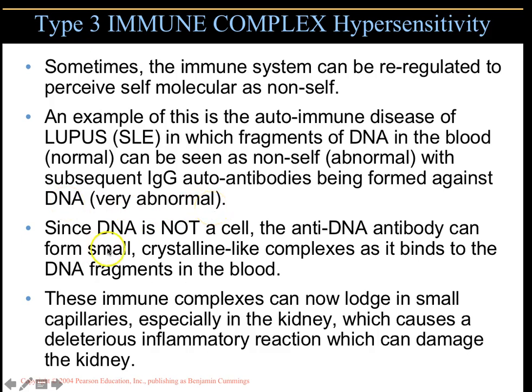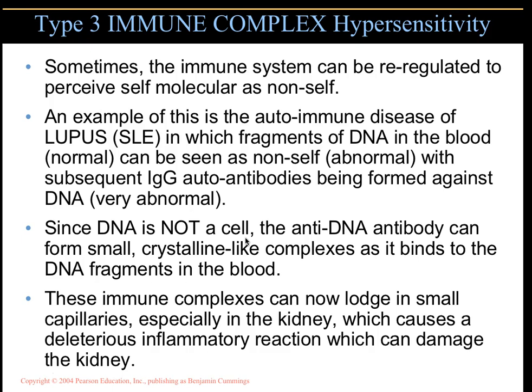Now, DNA is not a cell. And you're going to say, really? I know it's not a cell. But what I'm trying to explain is that you're not binding the IgG to a cell. You're binding IgG to a fragment of DNA. So a fragment of DNA is thousands of times smaller than a cell.